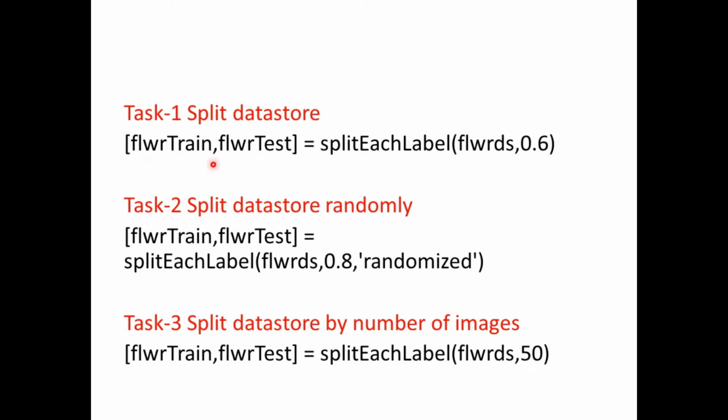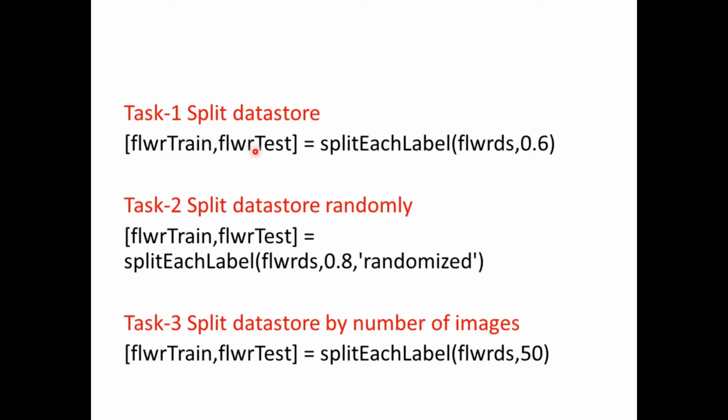The flower train and flower test are what we are considering as the training data set and testing data set. We use a command, split each label, and we divide it in the ratio of 60%. So 0.6 means we are initiating it as 60%: 60% would be training, and the remaining 40% would go for the testing data set.